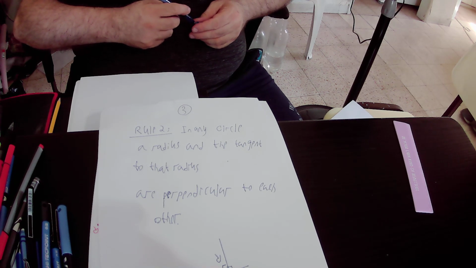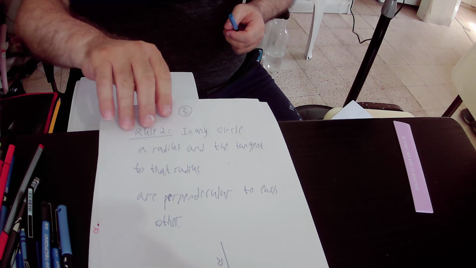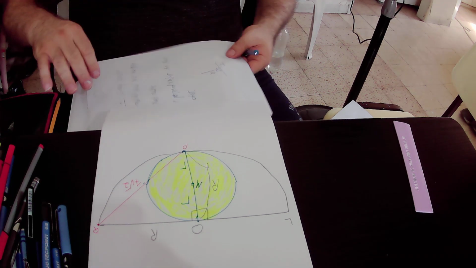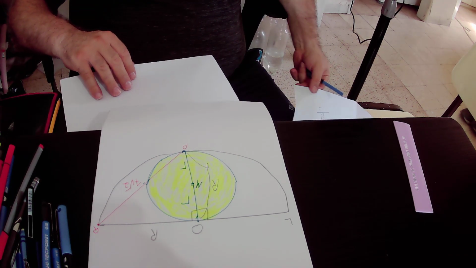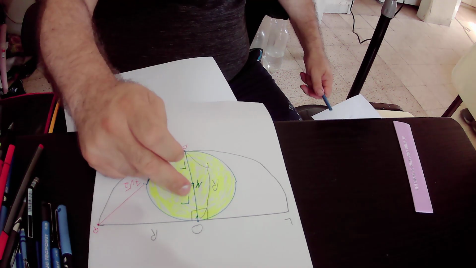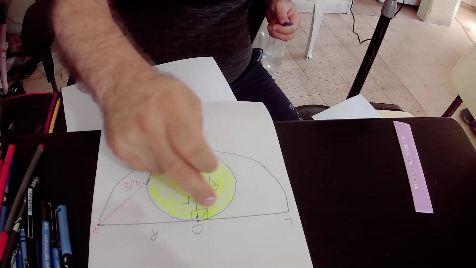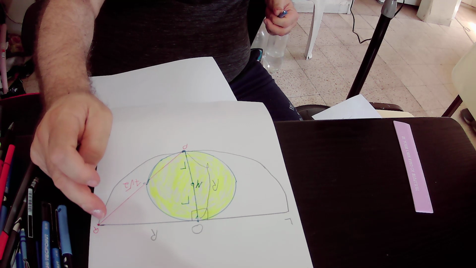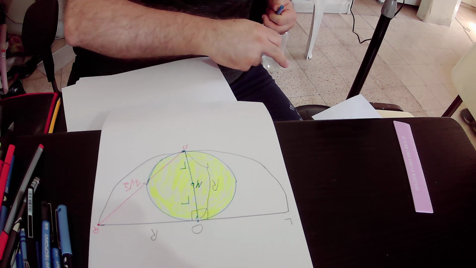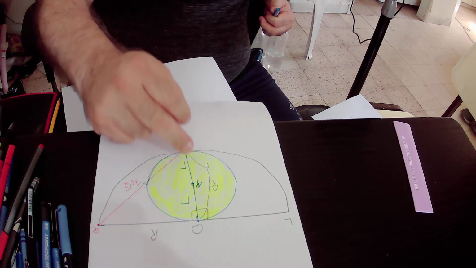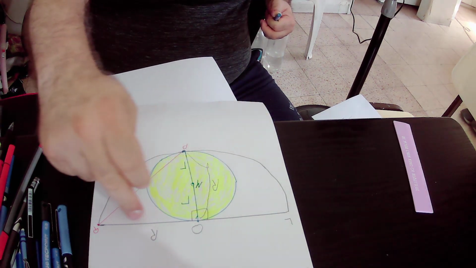So we implemented this rule in our circles, because in our circles we have a radius MO and we have a tangent to that radius, that is QO. So according to rule number 2, the radius is perpendicular to the tangent.